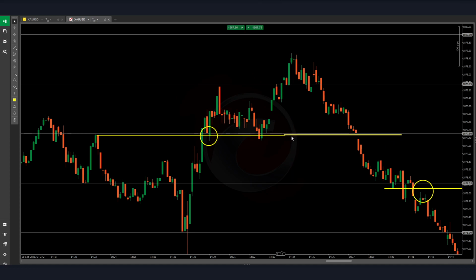If I got a retest of these lows, then in this case, if I got this candle coming below there, this is a possible entry for the sell side, because I'm expecting price to retest these lows, or maybe even better, to retest these, the last PSA.